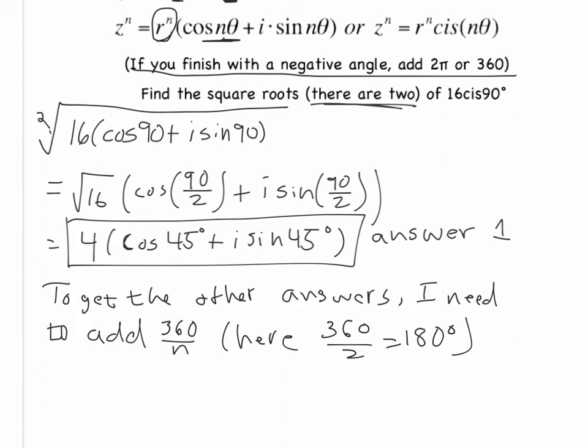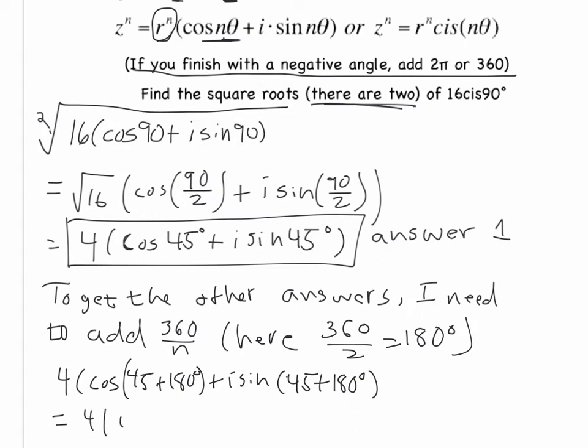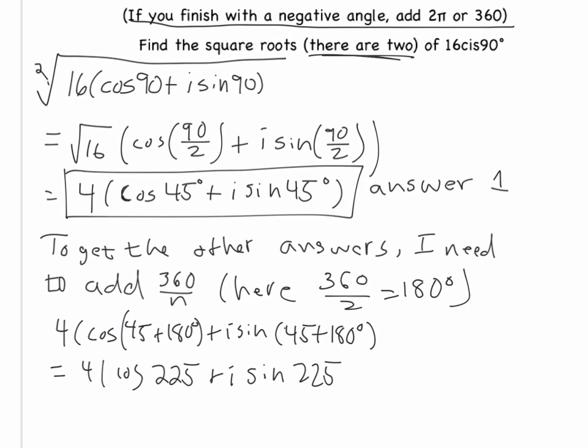So my other answer is going to be 4 cosine 45 plus 180 plus i sine 45 plus 180, which would be 4 cosine of 225 plus i sine 225. And that's my other answer.